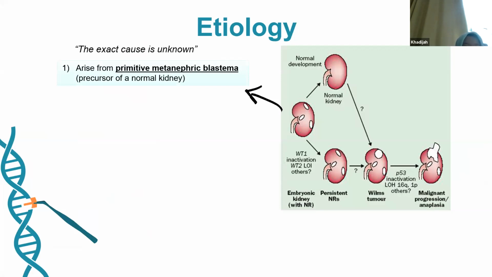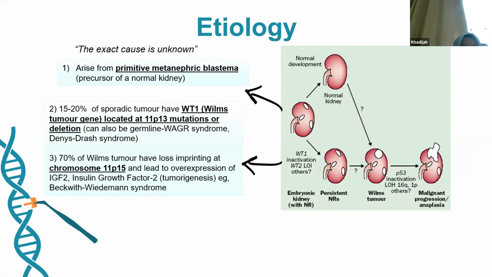Okay, so basically it arises from primitive metanephric blastema, which is a precursor for the normal kidney. In sporadic tumors, there will be a Wilms tumor gene, or WT1 gene, mutation and deletion. This mutation is associated with syndromes known as WAGR syndrome and Denys-Drash syndrome.